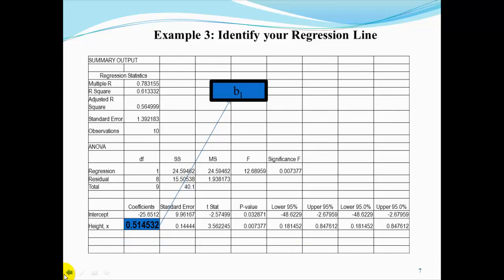I should note that when I entered my original data into Excel, I included the column headings and selected labels in order to let Excel know that I included labels in my data.